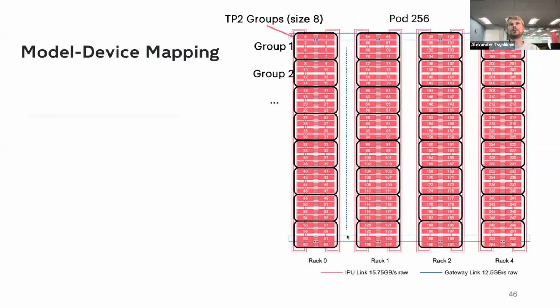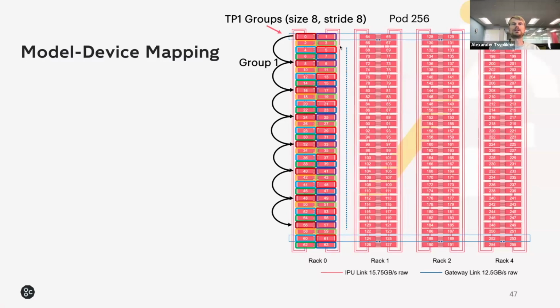The configuration that we have chosen is shown here for the TP tensor parallel 2 groups. Each group is 8 IPUs distributed within a rack, as shown here. So each device in this group will have a slice of the weight matrices. And another dimension for slicing the weight matrix will be what's called tensor parallel 1 groups.